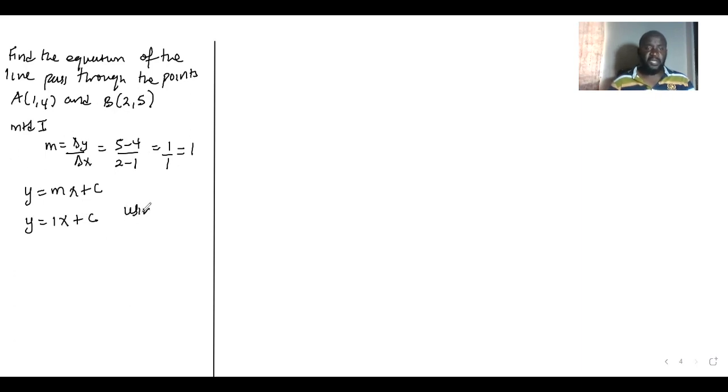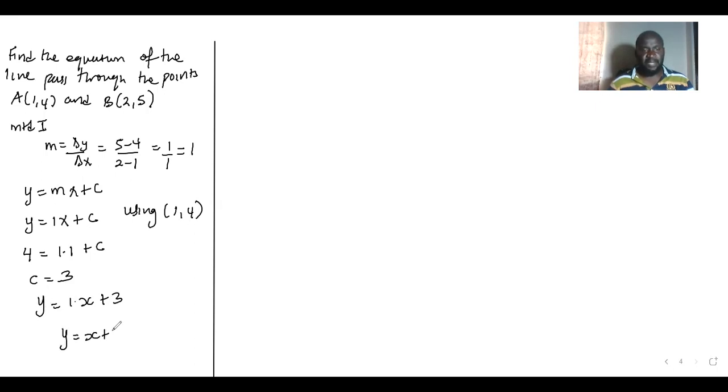If I use the point 1, 4, I'll substitute 4 for y is equal to 1 times 1 for x plus c, and therefore c becomes 3. When I have identified 3, I substitute and leave y and x as unknowns, plus 3 as the intercept. With this, y is equal to x plus 3 is our equation, using the method of comparing with the equation y is equal to mx plus c.